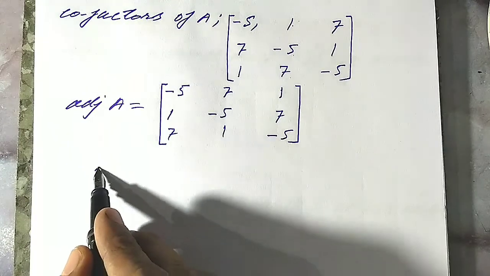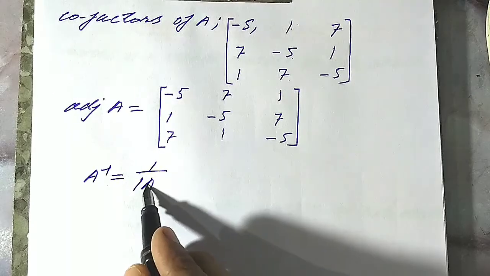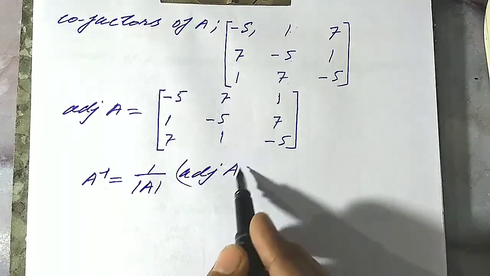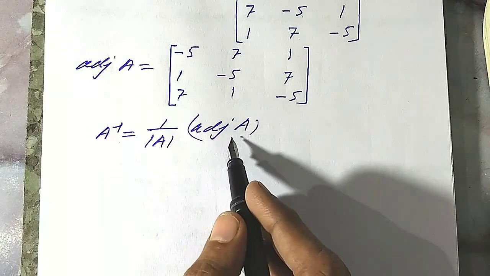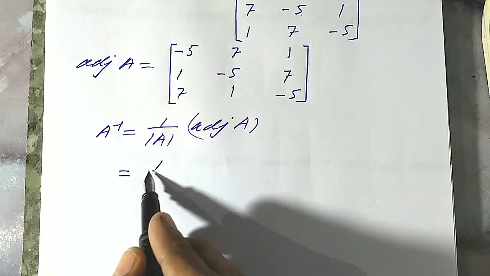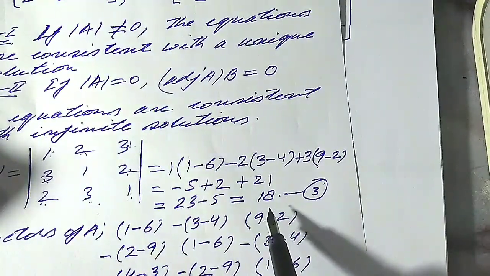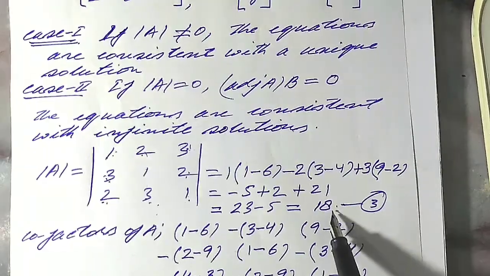Now as you know, A inverse is equal to 1 upon determinant A into adjoint of A. Substituting the value of determinant A and adjoint of A, we find inverse of A here. From equation number 3 we found determinant A in the beginning, so determinant A is equal to 18.